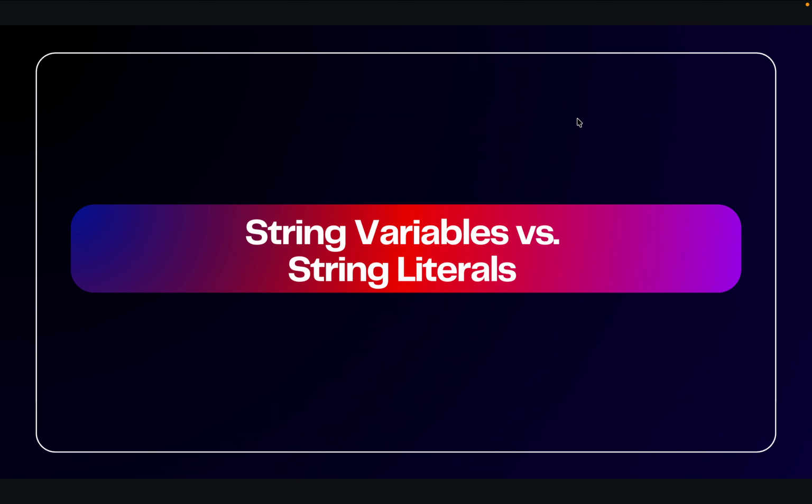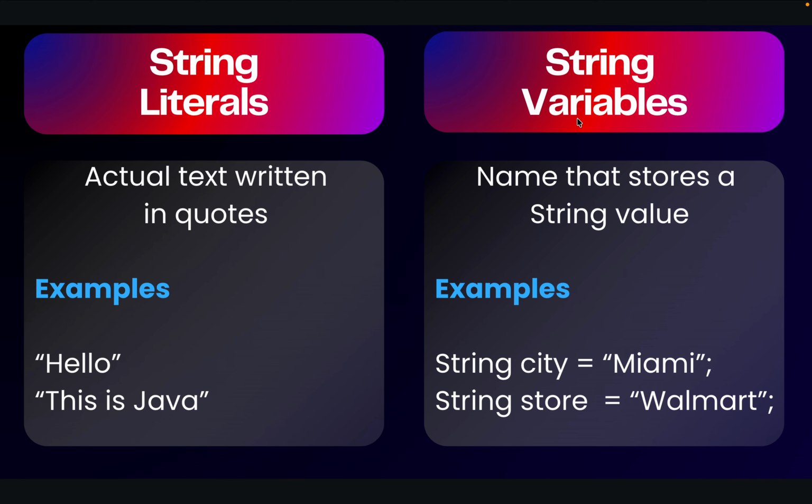So now that we know how to create our string, we are going to get into string variables versus string literals. Your string literals are what you actually consider the text in the quotes. That would be literally just the words, hello, this is Java, for example.